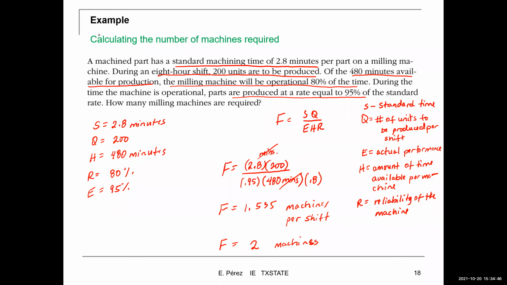So in our previous lecture, we started discussing how to compute the number of machines that are needed for a department according to some specific parameters, including the standard time for producing a part, the number of units to be produced per shift, the actual performance of the machine, the amount of time available per machine, and the reliability of the machine.